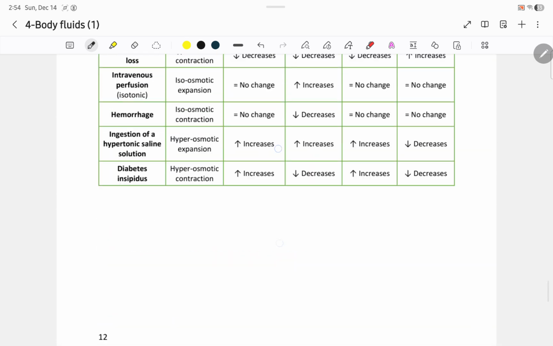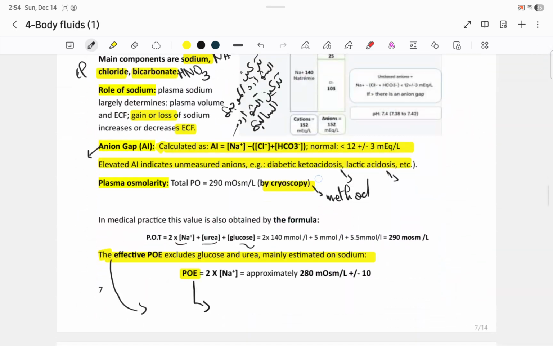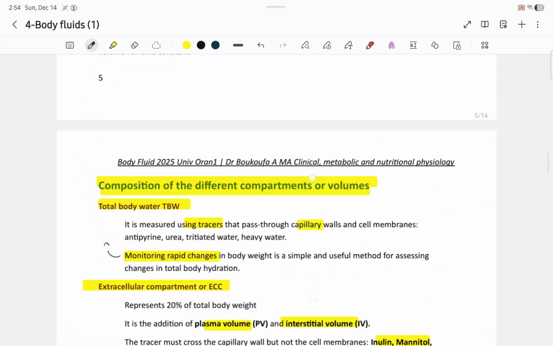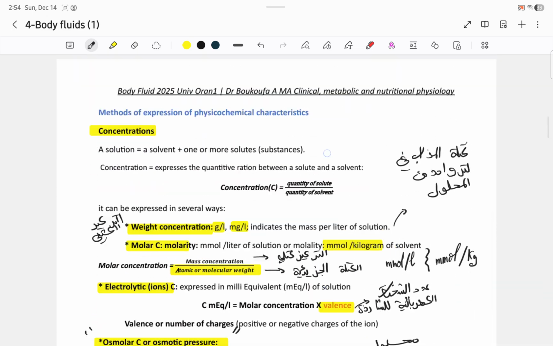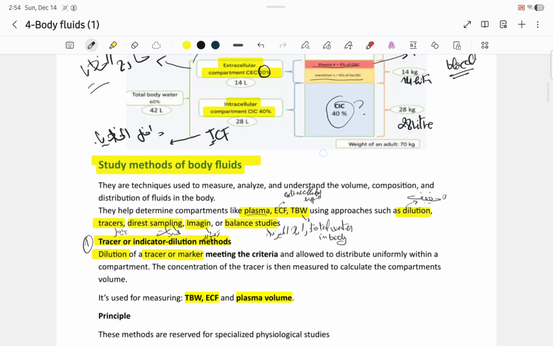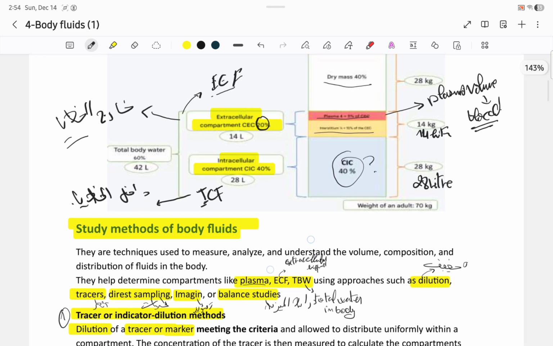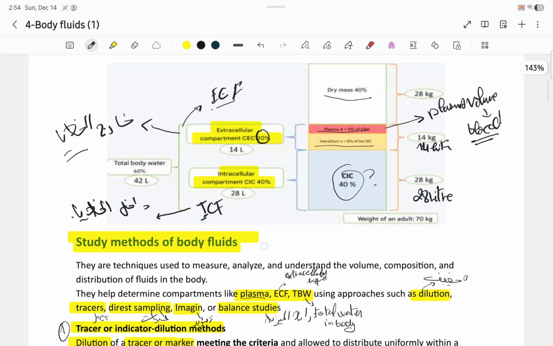Okay, so nice. So let's return to our lesson. It seems like it's a long lesson, but it's just easy. Try to just follow me. So here we have 60% total body water.